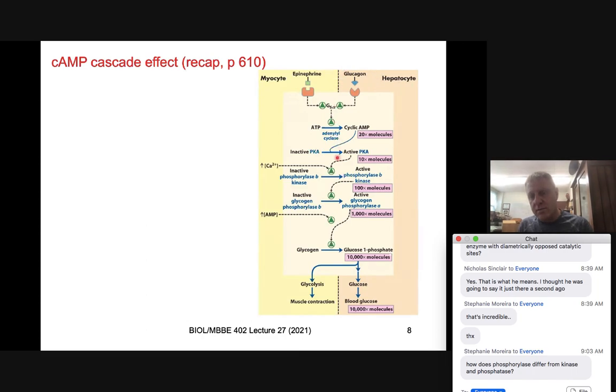They're all going to go through the increased production of cyclic AMP, activating various cascade events to allow us ultimately to increase blood glucose production in the liver, to get that glucose circulating into the circulatory system, to feed, importantly, maybe glycolysis in regards to providing muscle contraction if there are no glycogen stores.